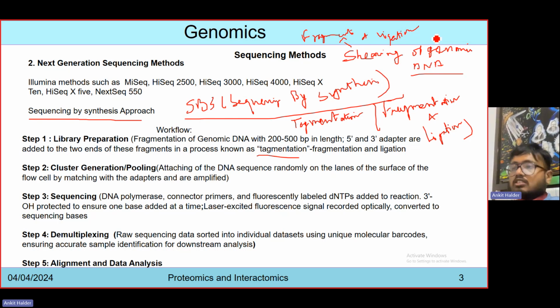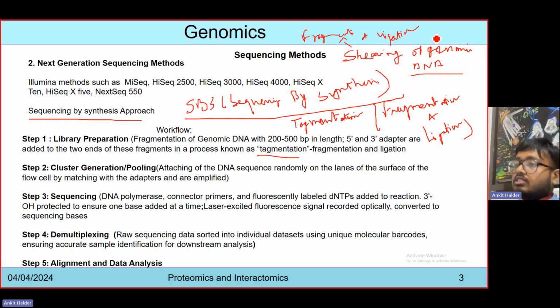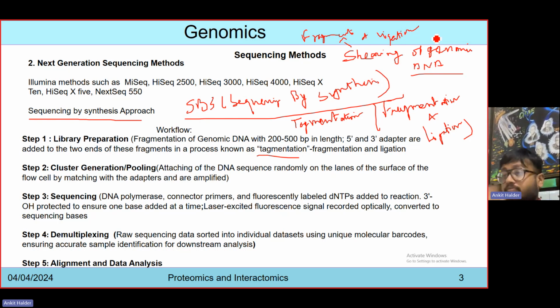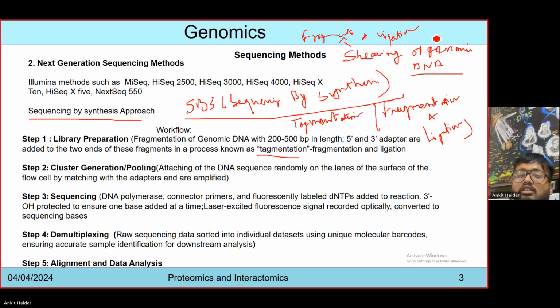Second is cluster generation, or pooling, which is attaching the DNA sequences randomly on the surface of the flow cell by matching with the adapters, which are then amplified. For sequencing, DNA polymerase, primers and fluorescently labeled dNTPs are added to the reaction, 3 prime protected to ensure one base at a time.